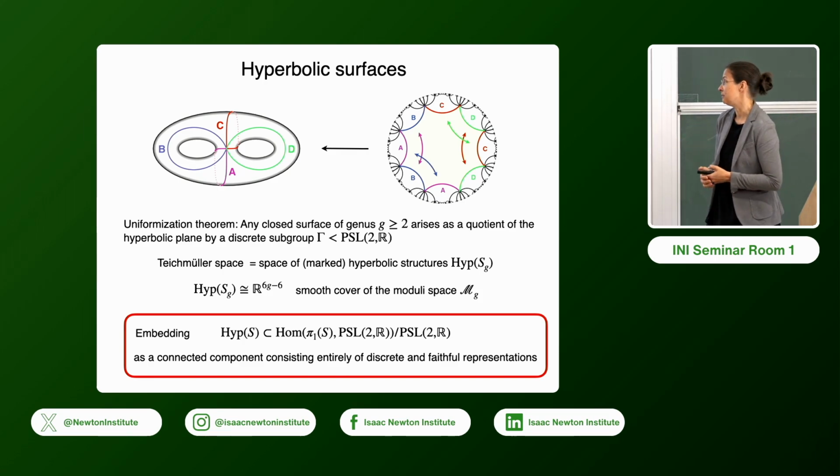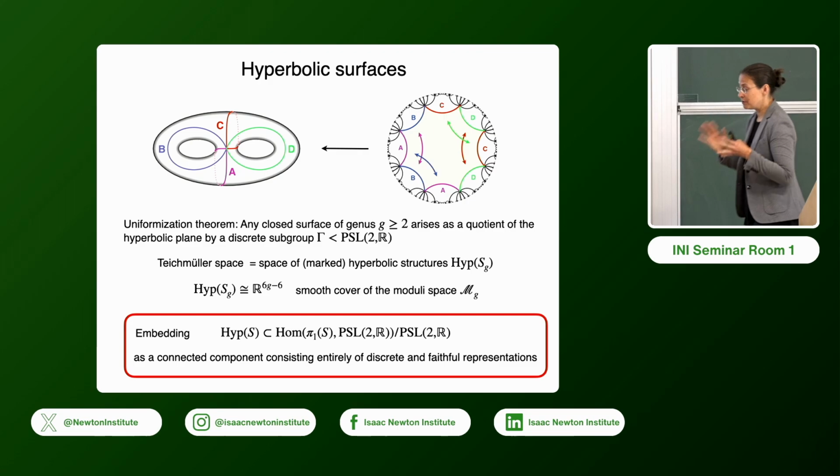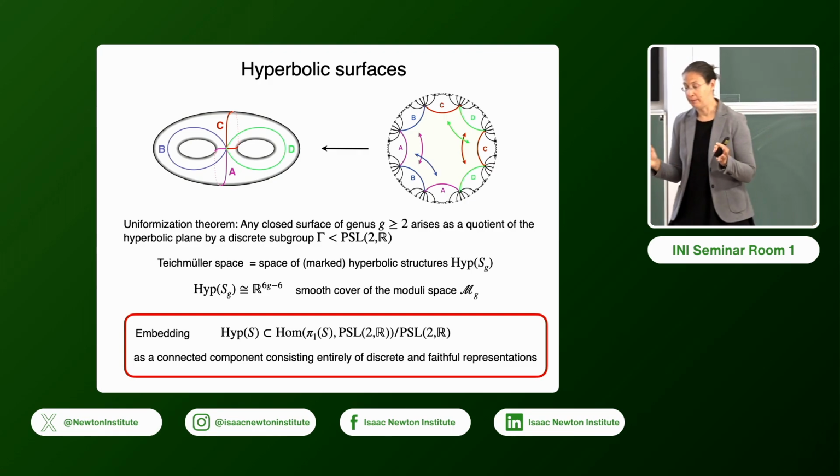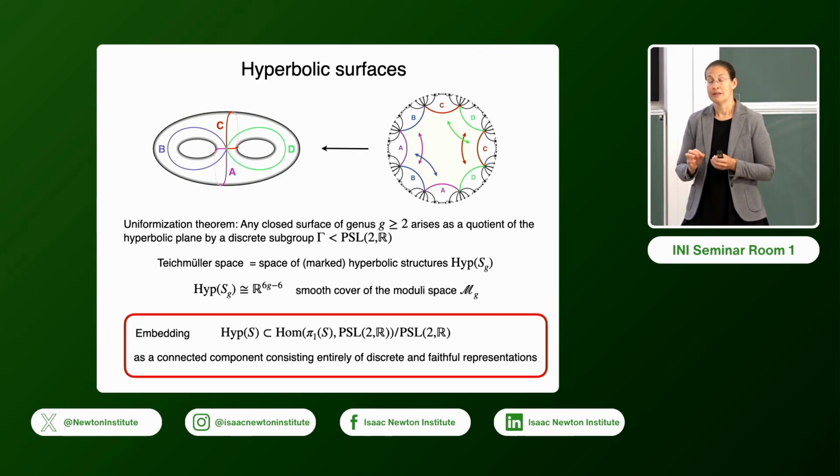So the way I want to think of this space of hyperbolic metrics, or Teichmüller space, is really by looking at the induced representation on the fundamental group of the surface. If I put a hyperbolic metric on the surface, I can look at the universal cover.